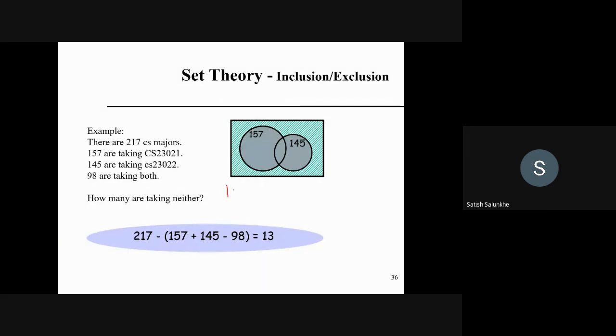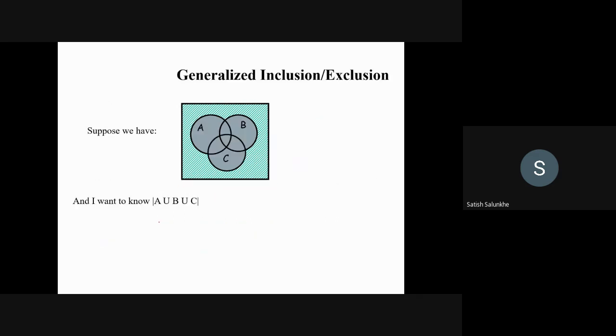The cardinality of A union B, applying the principle of inclusion and exclusion, is the cardinality of A plus the cardinality of B, and then alternate plus minus, so minus the cardinality of A intersection B. This is the principle of inclusion and exclusion for two sets. For 3 sets it is something like this, and for 4 sets also you are able to do it. So I'm sure now this is clear.